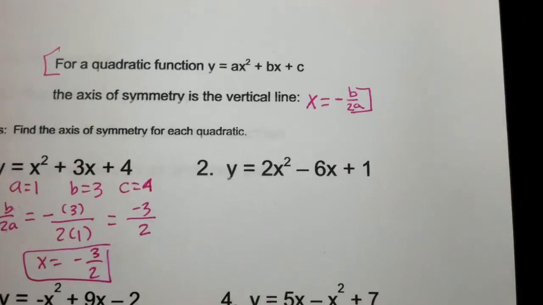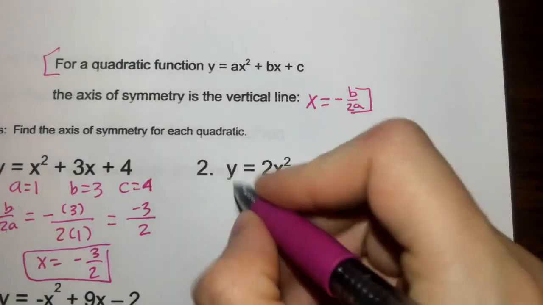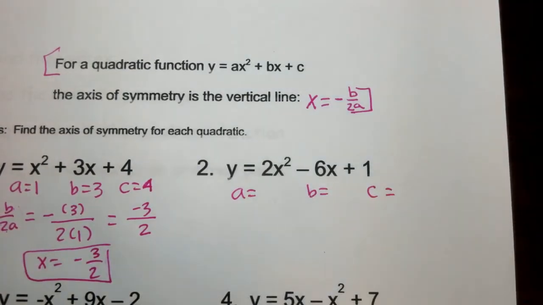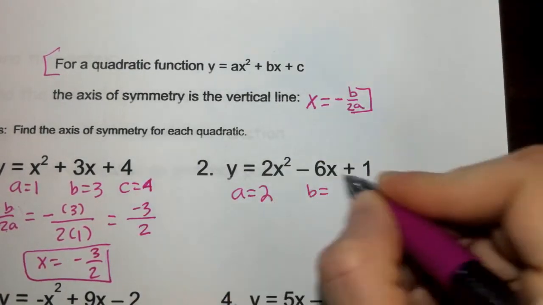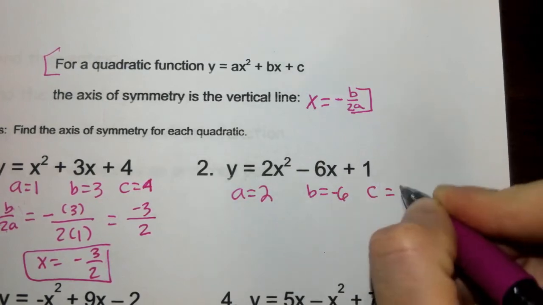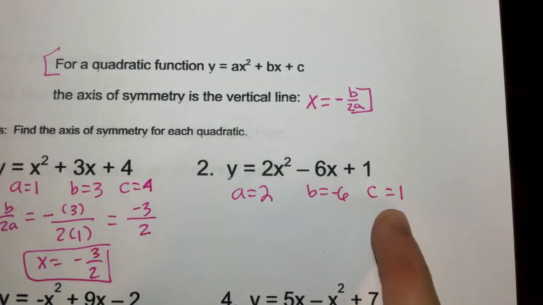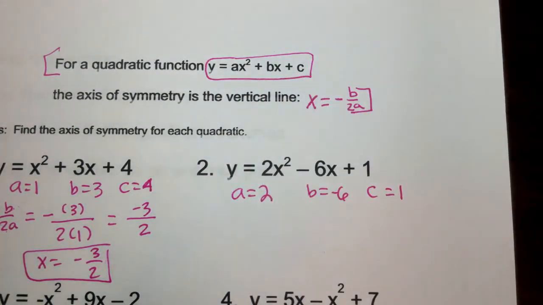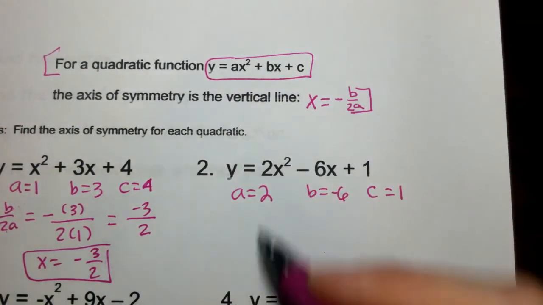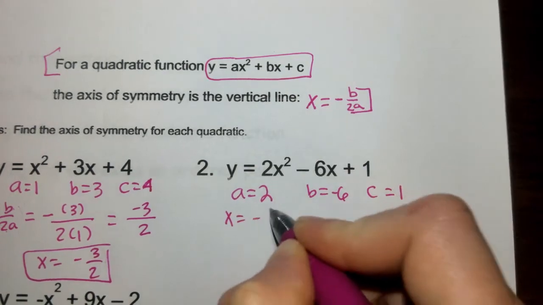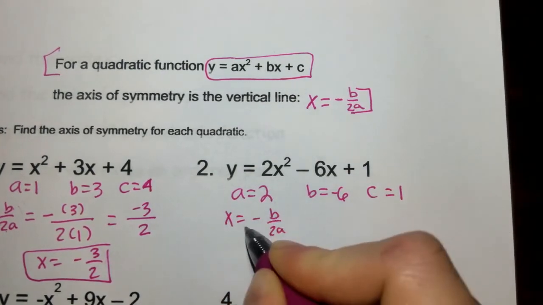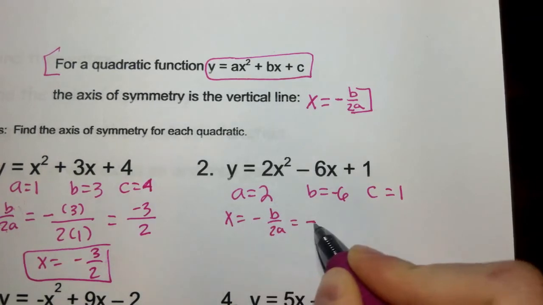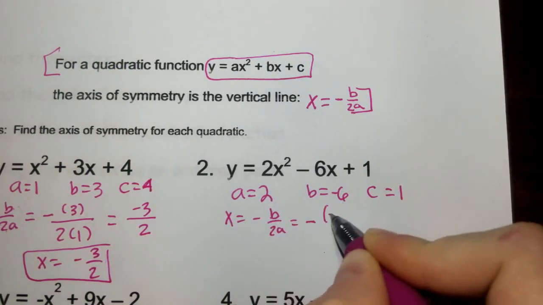All right, let's go ahead and start number 2. I want you to identify A, B, and C. A is 2, B is negative 6, and C is 1. So once again, I'm getting this A, B, and C every time from the standard form A, B, C. Okay, so my formula, I'm going to write it again. X equals negative B over 2A. Negative from the formula comes over. B is negative 6.